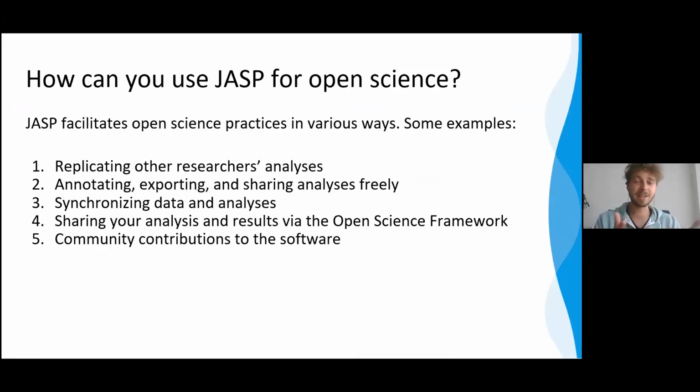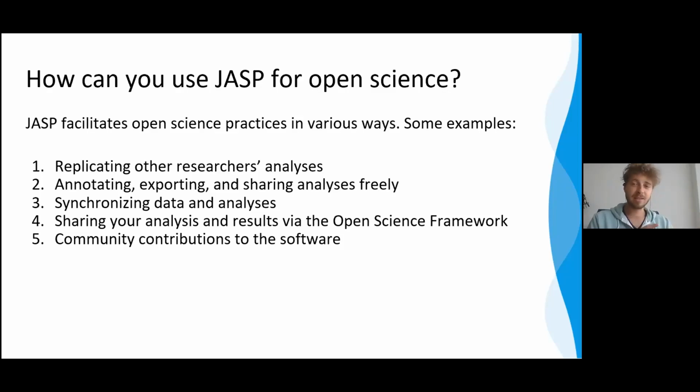And the examples that we're actually going to go through are, we are going to see how we can replicate other research analyses using JASP. You can see how we can annotate our analyses, export our analyses, and share our analyses freely.